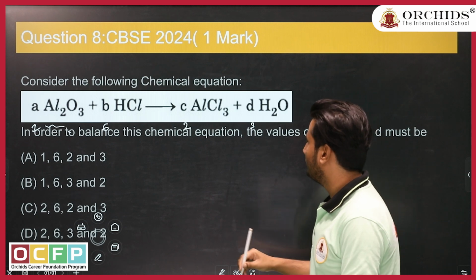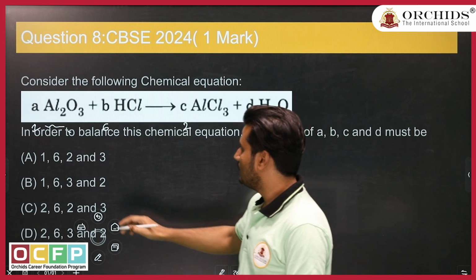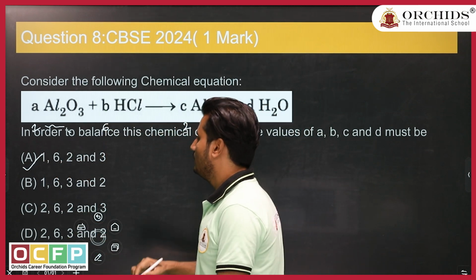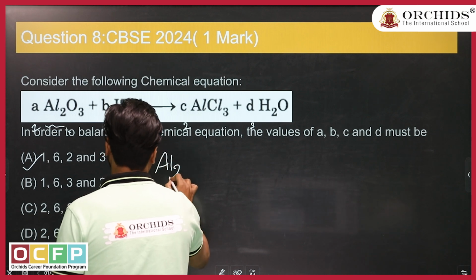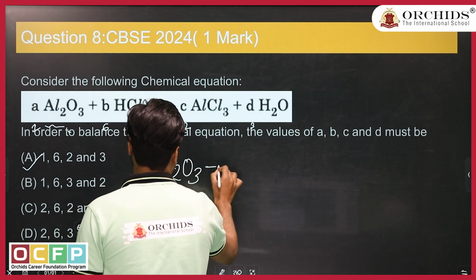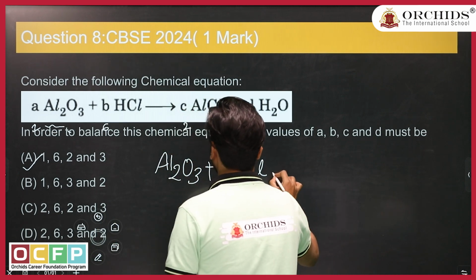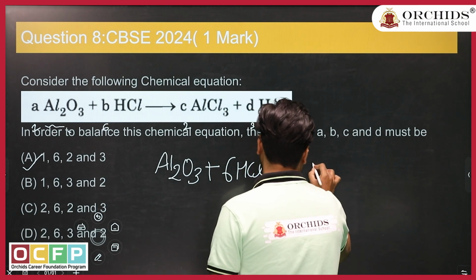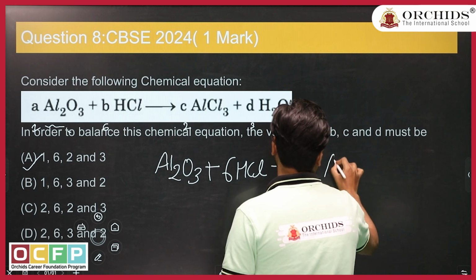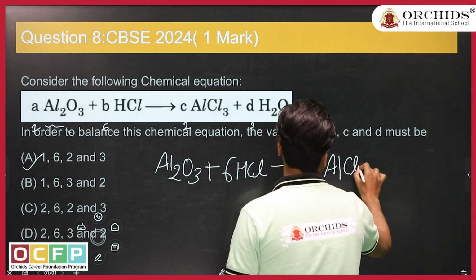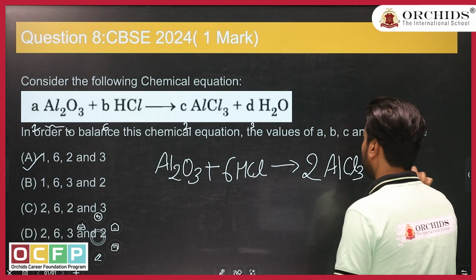Which option is correct? 1, 6, 2 and 3. So the balanced chemical equation is Al2O3 plus 6 HCl gives 2 AlCl3 plus 3 H2O.